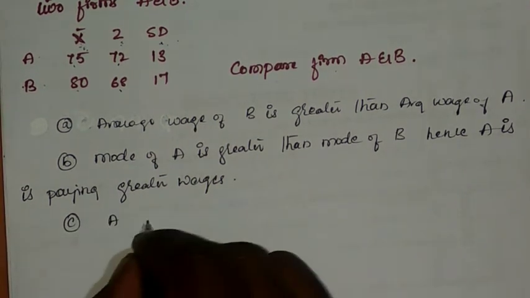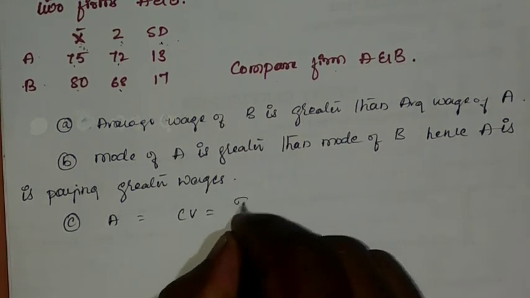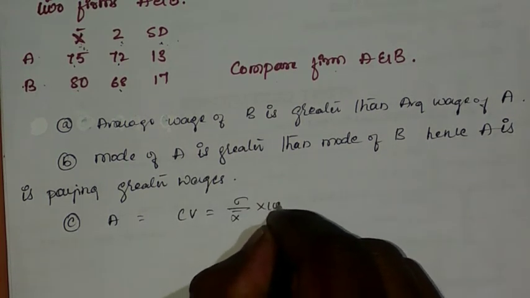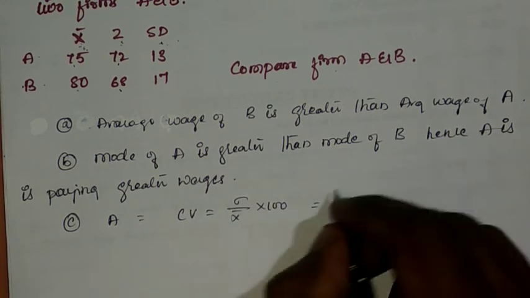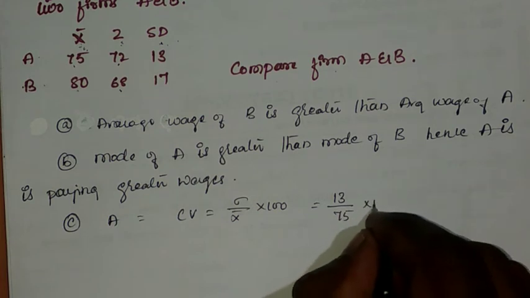Okay, A. For company A, when we find the CV, CV is equal to standard deviation divided by x bar into 100. So standard deviation is 13 divided by x bar is 75 into 100.